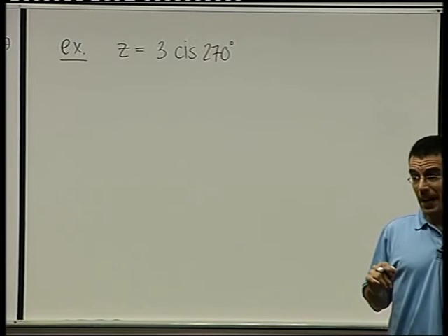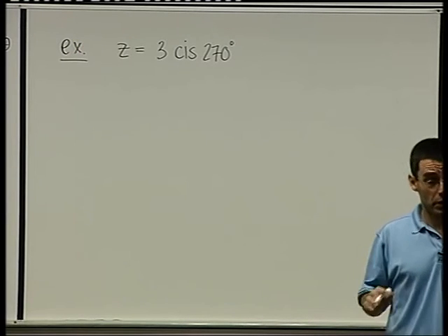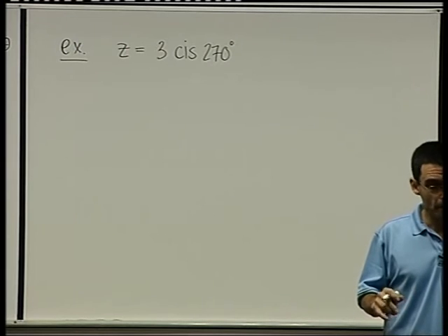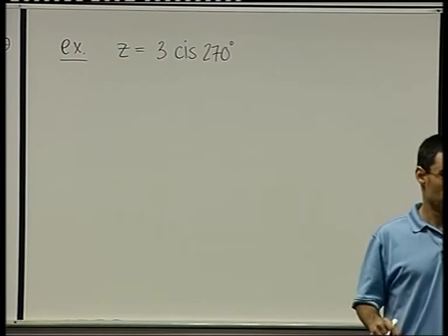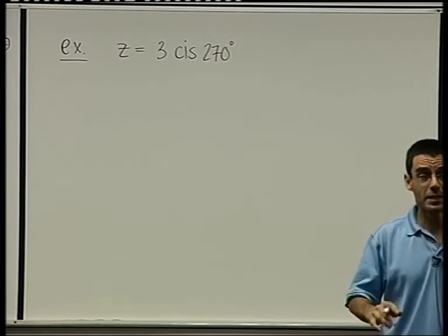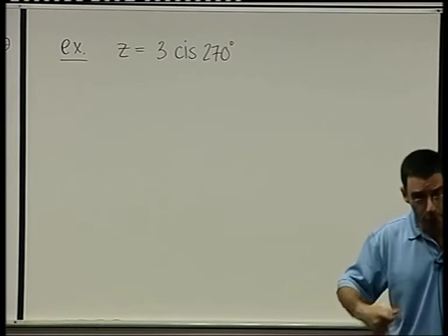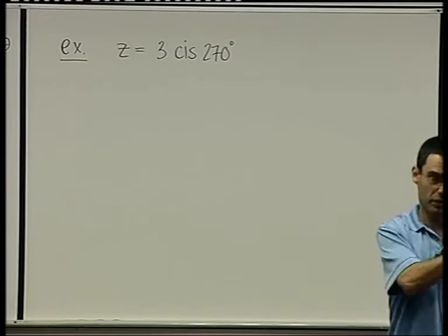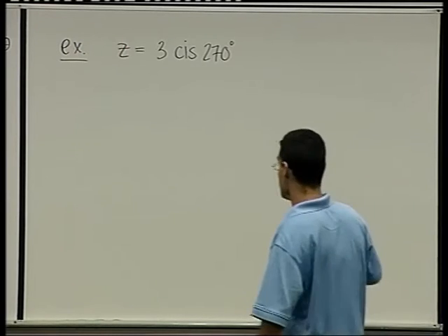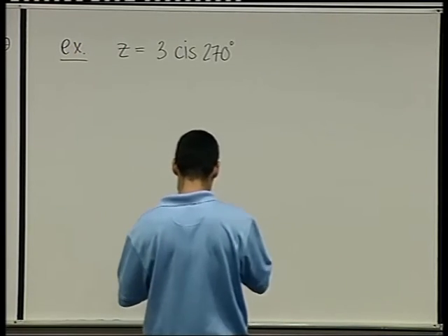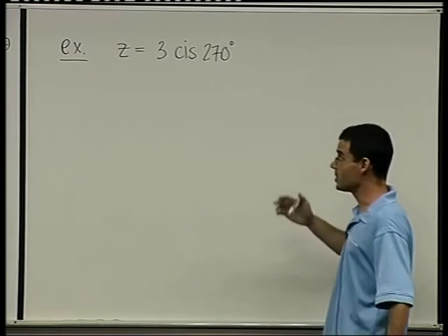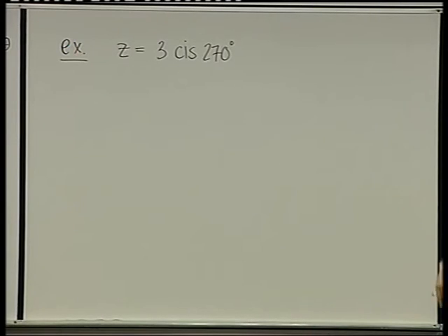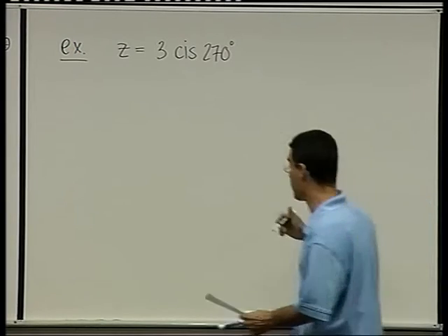I know it's hard if you're already very used to degrees, but it really would pay off. It's a good idea to take time and go through the effort of getting used to radians. It will pay off, believe me. So here it's still written in terms of degrees. Let's convert this number, which is given in polar form, to its regular algebraic form.